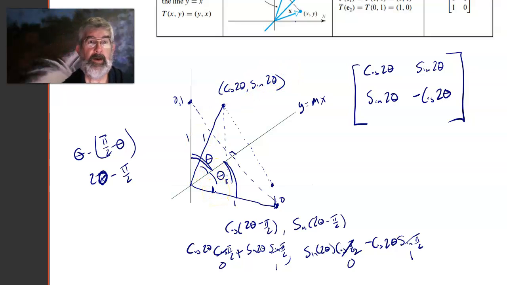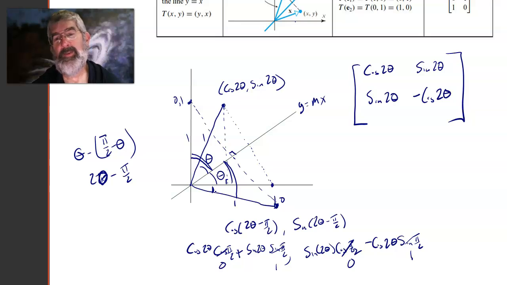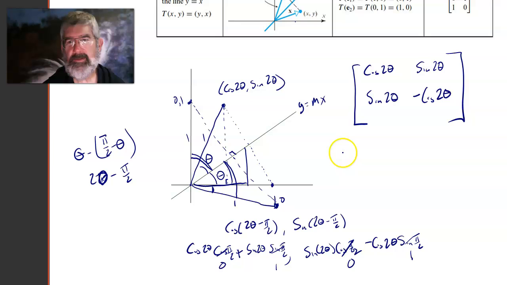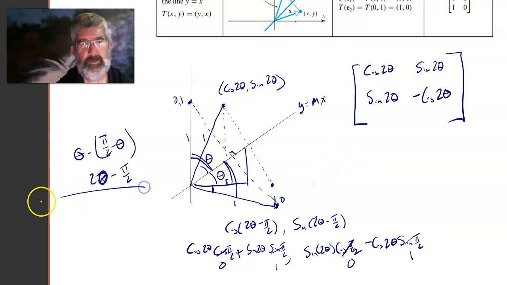Okay. Now, what if I wanted it in terms of m? The thing I can do with m is the slope is rise over run, right? Well, that's the tangent of the angle. Let's do a little work over here.